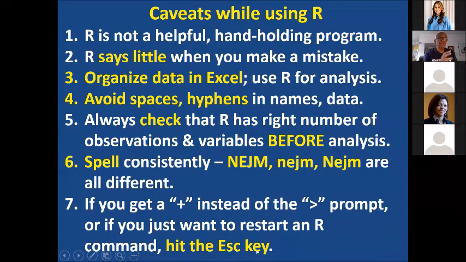The prompt is a greater than sign, and that is what you want when you type a command. If you type what you think is a full command and it responds with a plus sign, that means you didn't finish in its view, maybe a missing parenthesis. So look at what you did, but hit the escape key to get out.